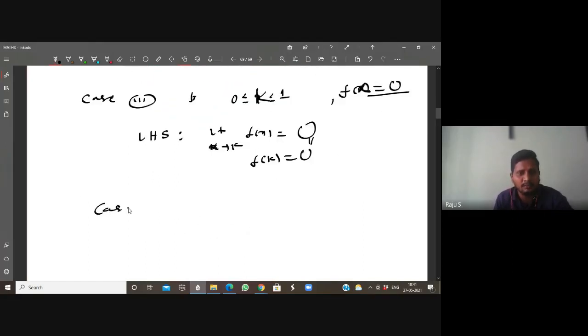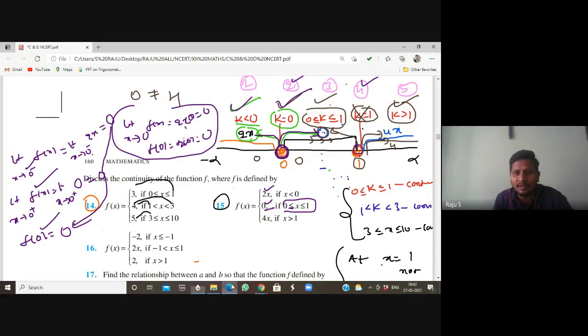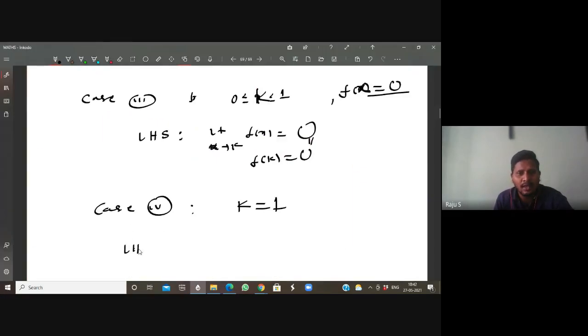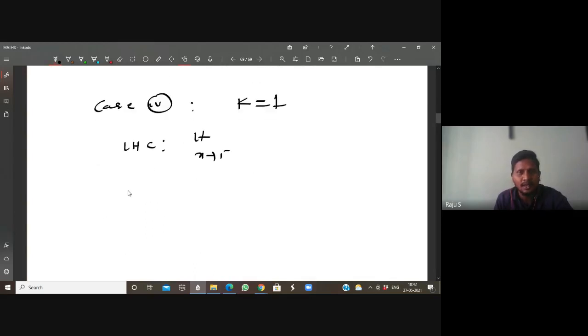Case 4, k is equal to exactly 1. At 1, because they given two different functions, you can find LHL, that is limit x tends to 1 minus f of x. Then you can find RHL, limit x tends to 1 plus f of x.